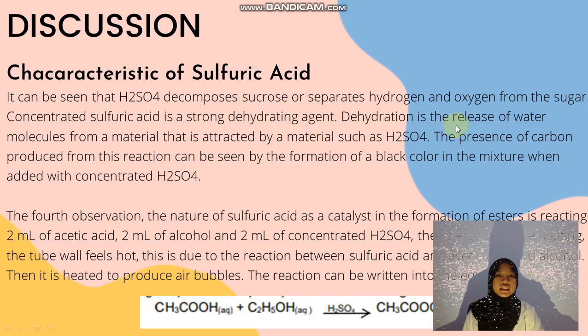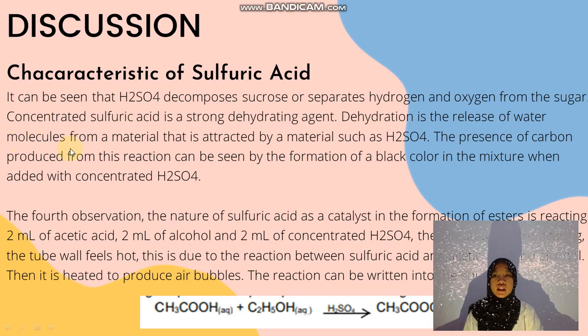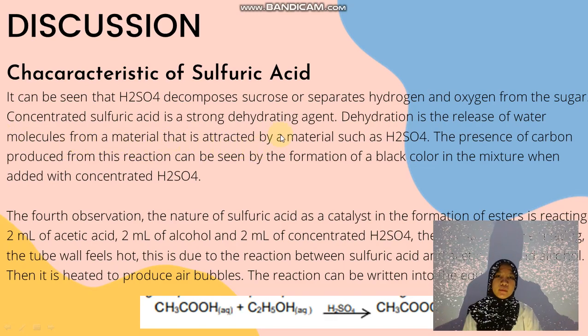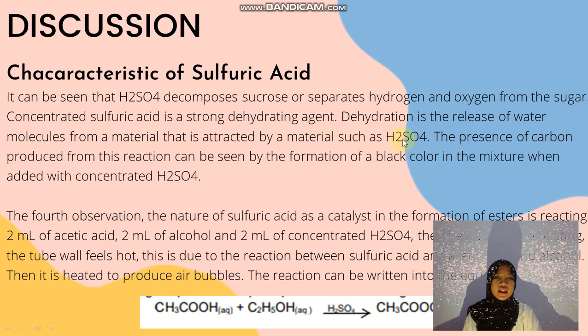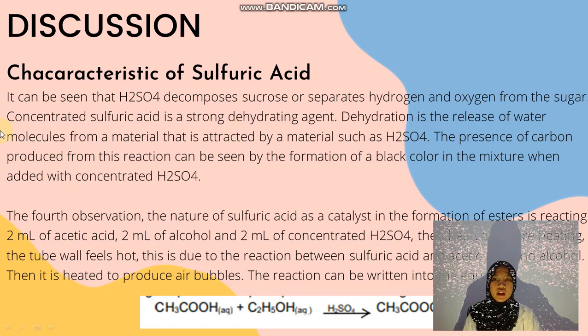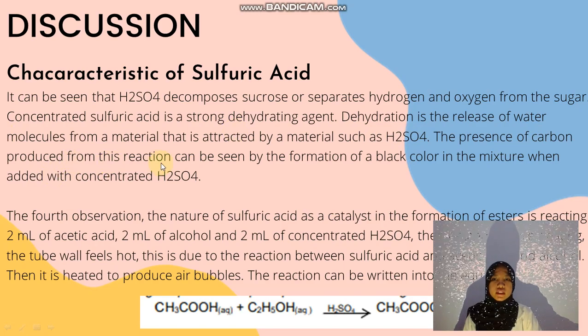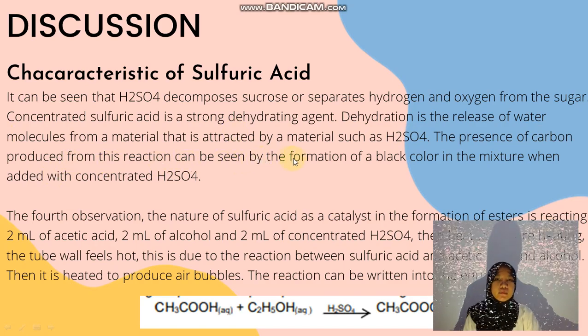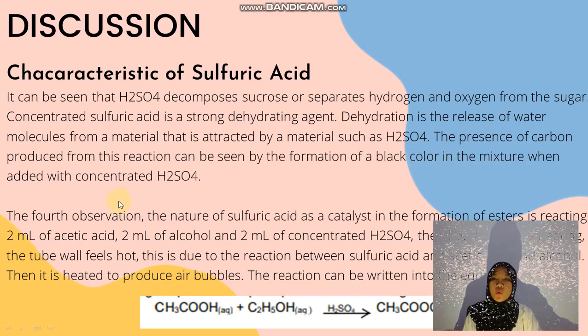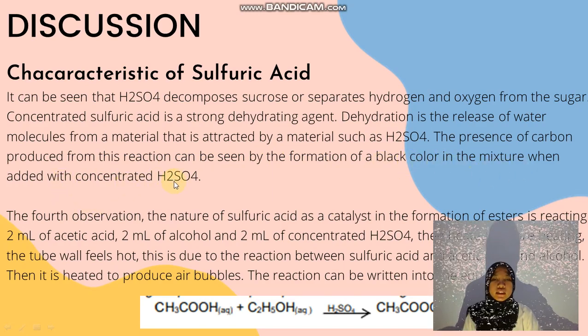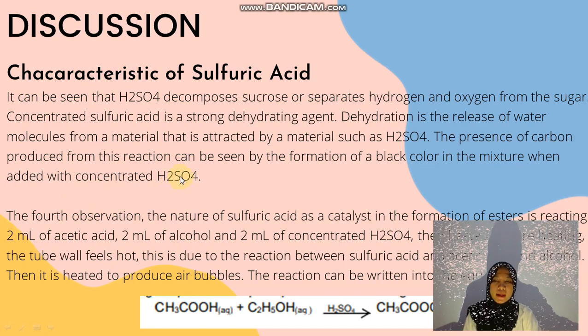Dehydration is the release of water molecules from a material that is attracted by a material such as H2SO4. The presence of carbon produced from these reactions can be seen by the formation of a black color in the mixture when added with concentrated H2SO4.